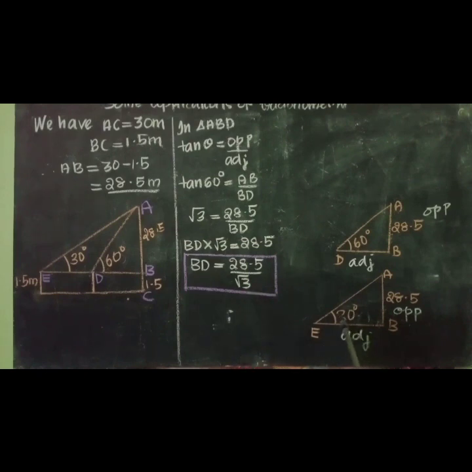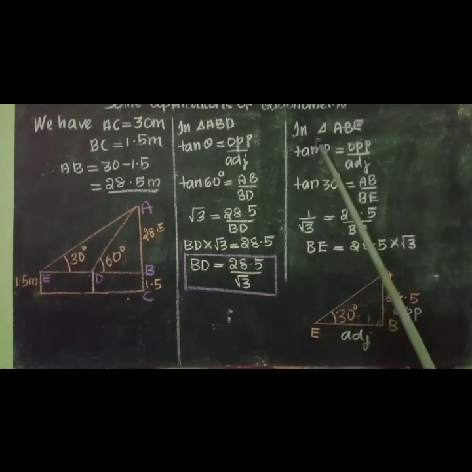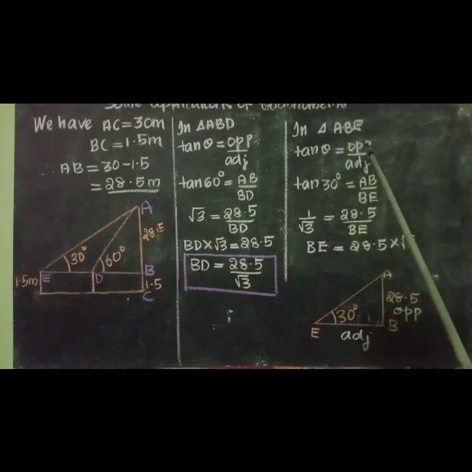Now you consider the second triangle. Here the acute angle is angle E with measurement 30 degree. For this acute angle E, AB is opposite side and EB is adjacent side. There also we can take the ratio. In triangle ABE, tan theta equal to opposite side by adjacent side. Here theta is 30 degree.